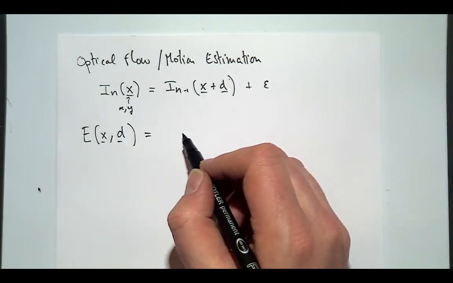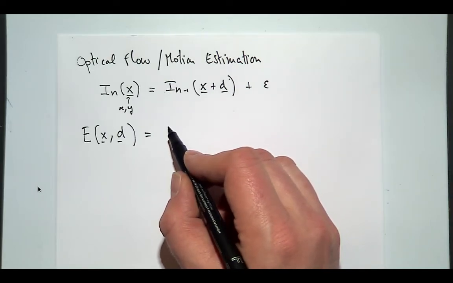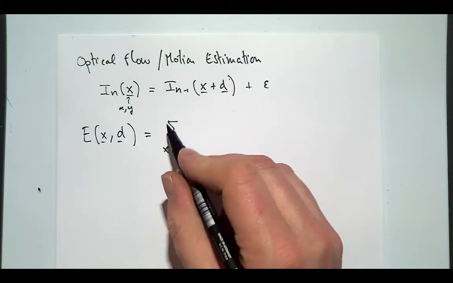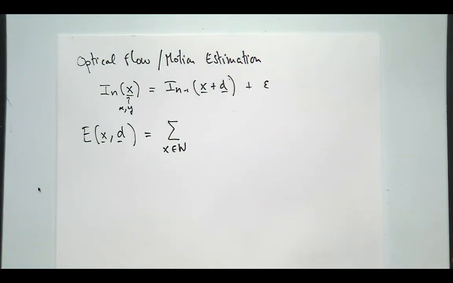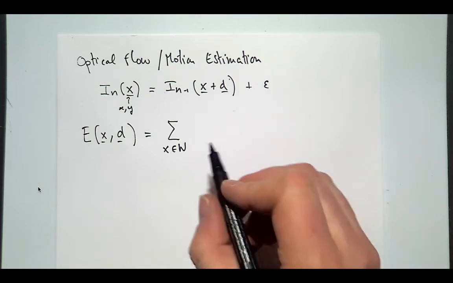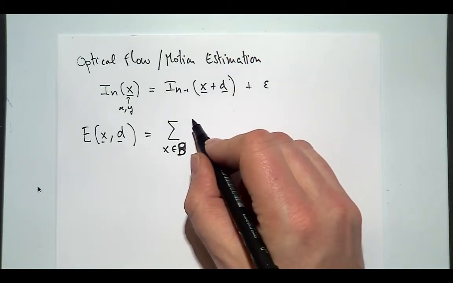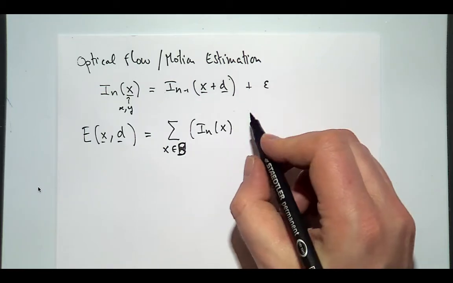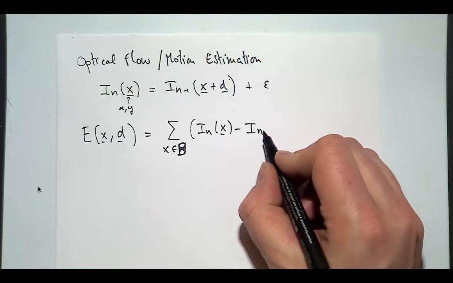Using the mean square error, you would have a sum over all the pixels in your block, let's call it B, of the difference between your actual pixel and the predicted position.